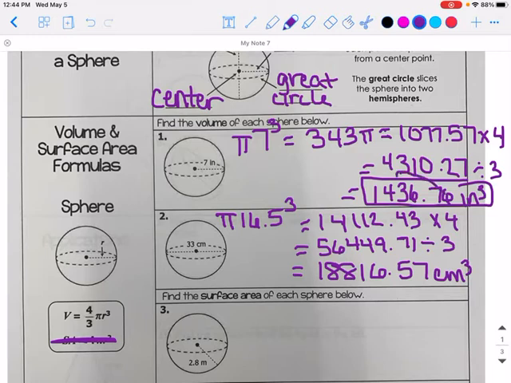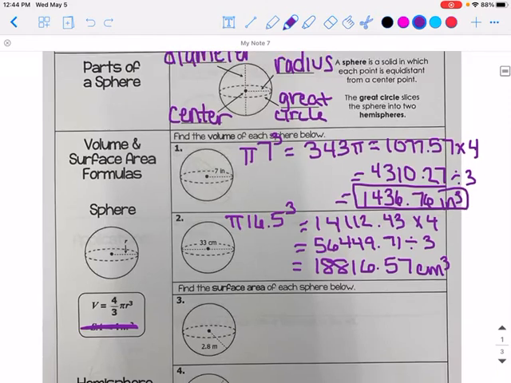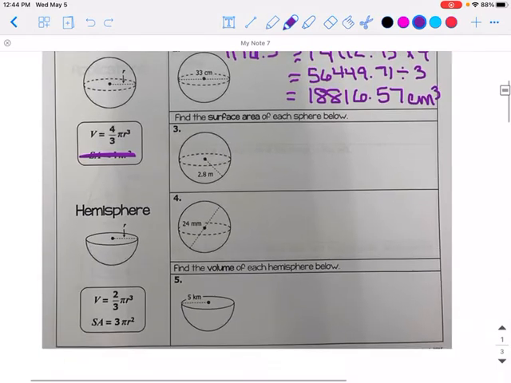Oh, oops. Let's zoom out. Numbers 3 and 4. Now I don't want you to find the surface area. Cross out surface area. Keep doing the volume. Okay, so find the volume of those two spheres for me.